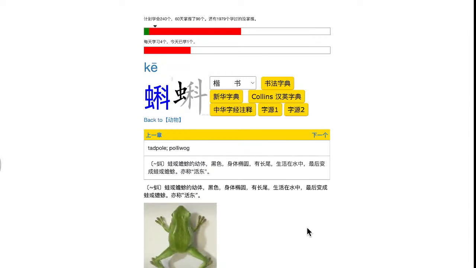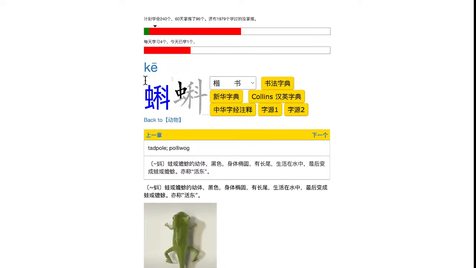蝌, which is very easy. The left side is 虫, which we will learn later. That part of the character itself means any insects or worm. And in ancient times, it also referred to animals in general.